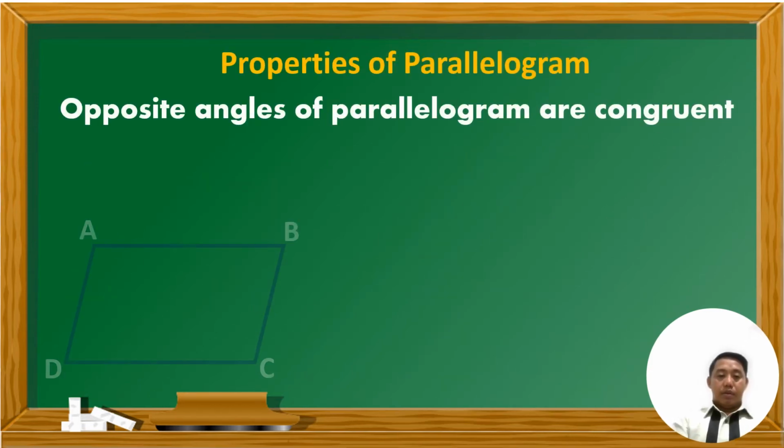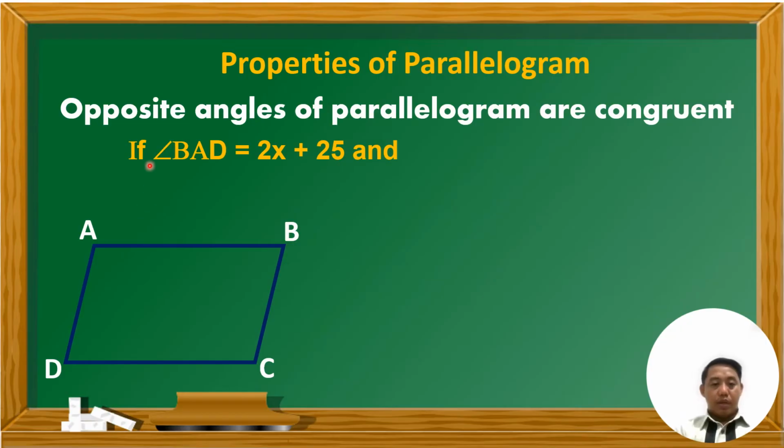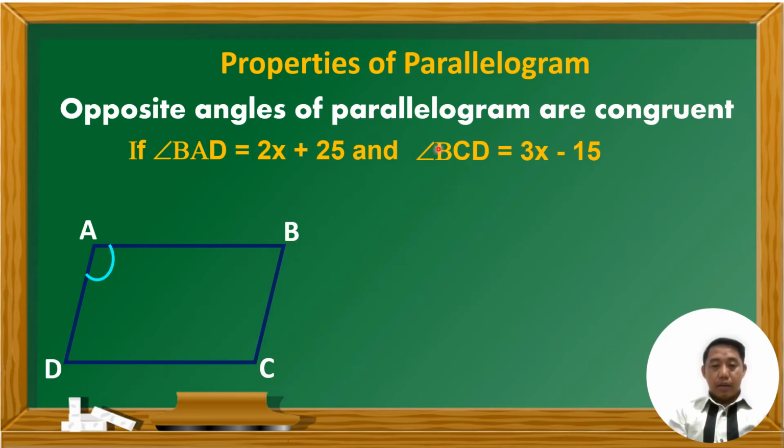Next. So, let's try to solve this one. If angle BAD is 2x plus 25, and angle BCD is 3x minus 15. Ito yung BAD. This is that angle. And angle BCD is this one.